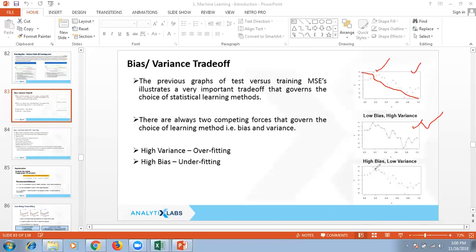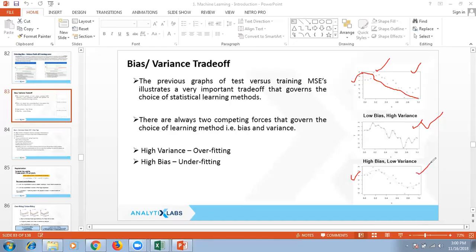And of course, in this one, there are not many fluctuations, and the accuracy compared to the others will be high in training as well as testing. So that's the kind of scenario.